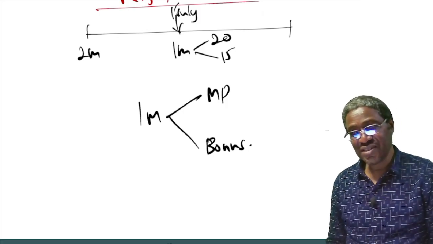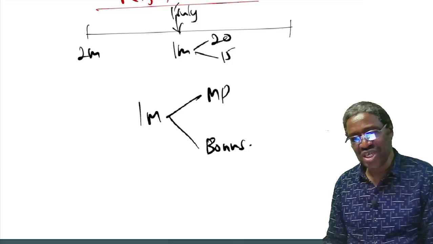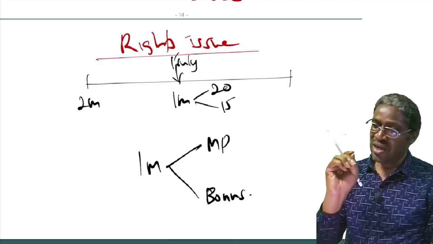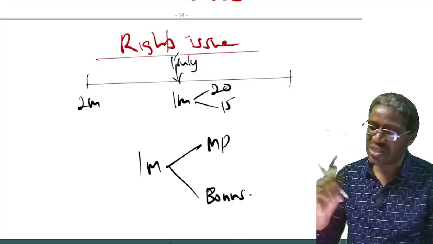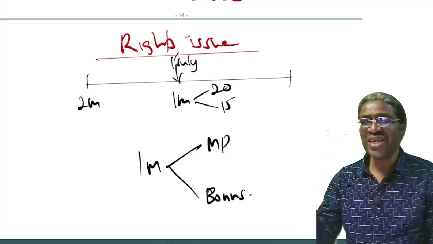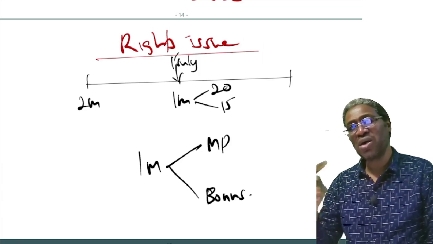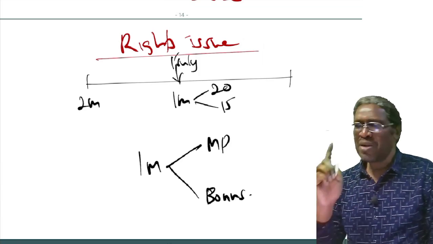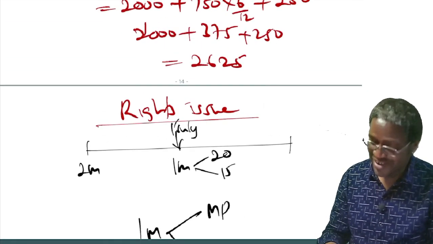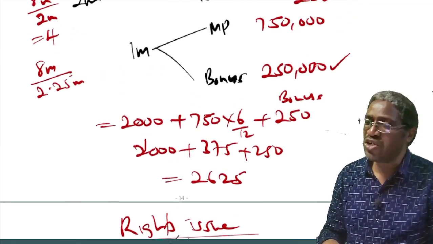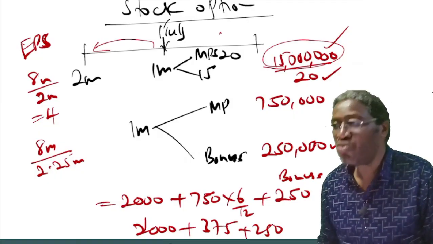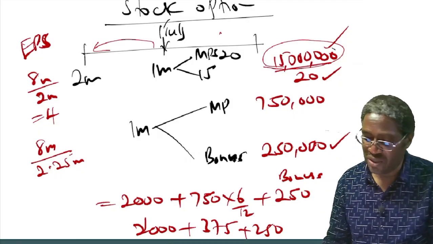When you are issuing shares as a result of a rights issue, some of those shares are deemed to be issued at full market price, and some of them are deemed to be issued as bonus. But to compute the number of shares deemed to be issued at full market price, you don't do it like we did for stock options.